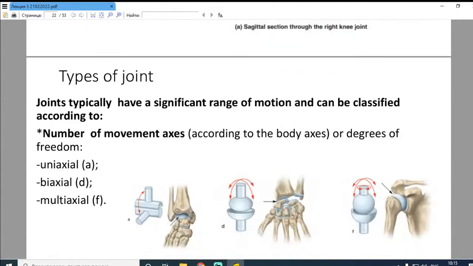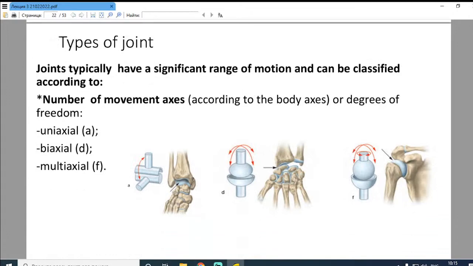Next question, types of joint. Joints typically have a significant range of motion and can be classified according to the number of movement axes, according to the body axis, or degrees of freedom.